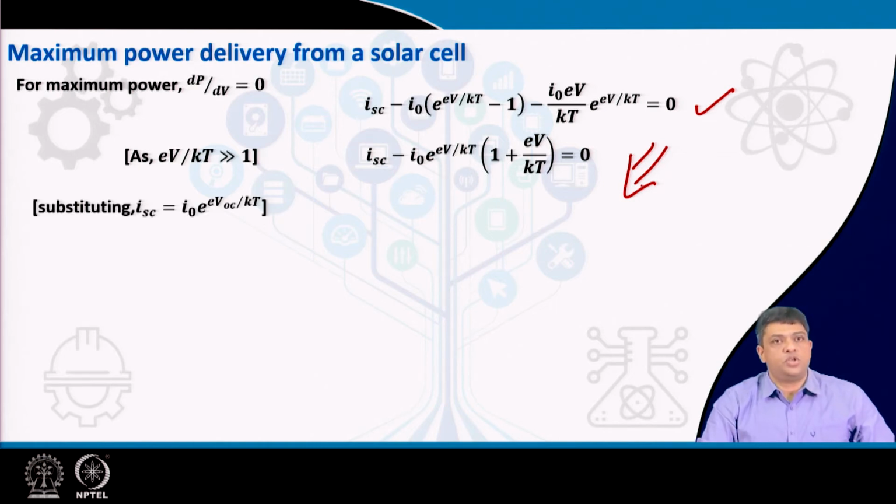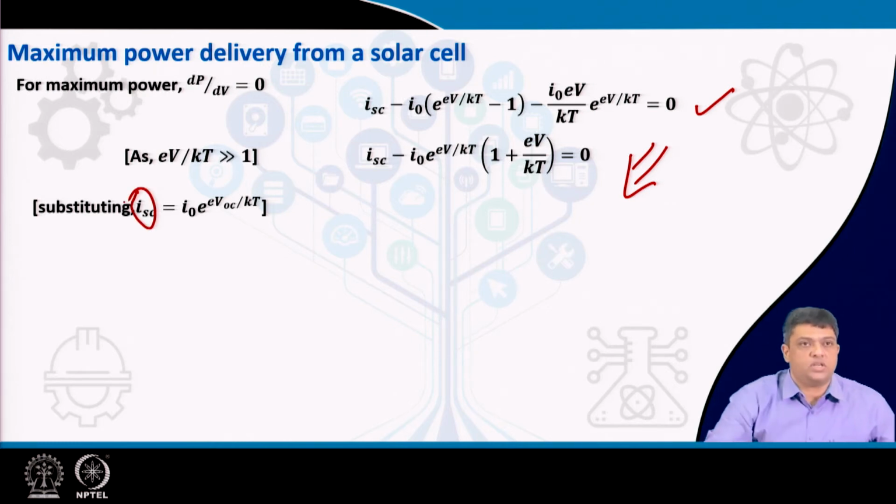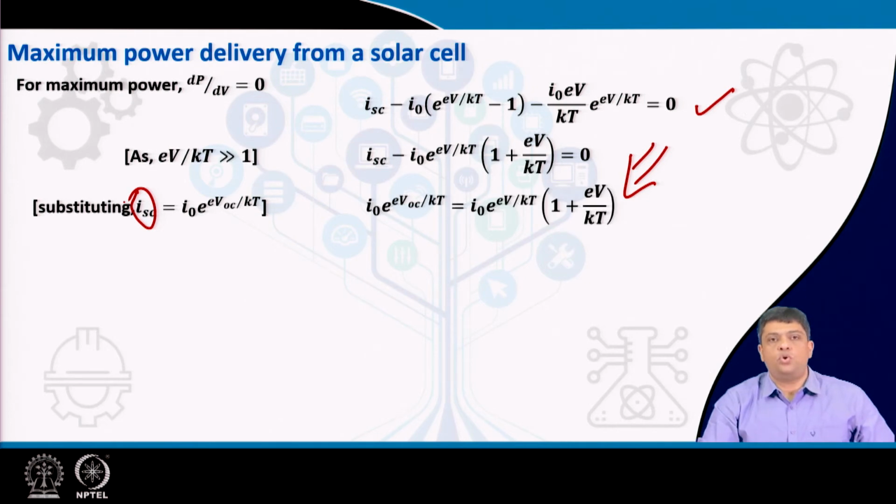Now, you can substitute in this formulation the value of short circuit current which was derived earlier, and if you do so, then you get equation number 3. So, I now have a relationship between the short circuit current in terms of I0.